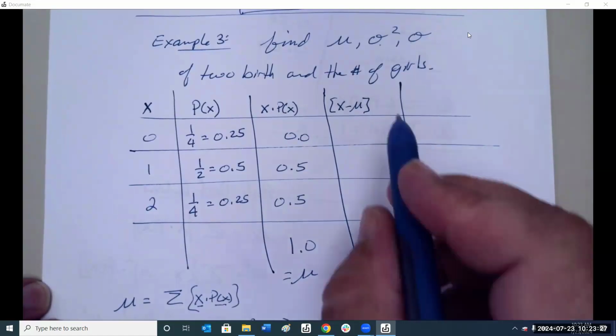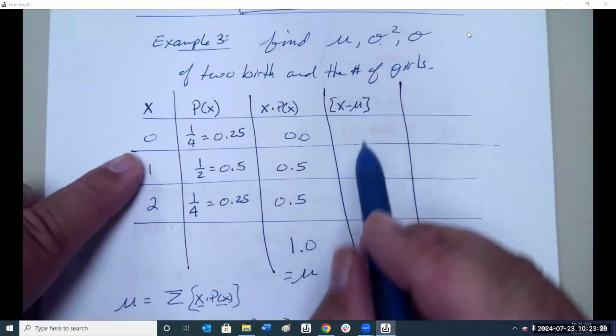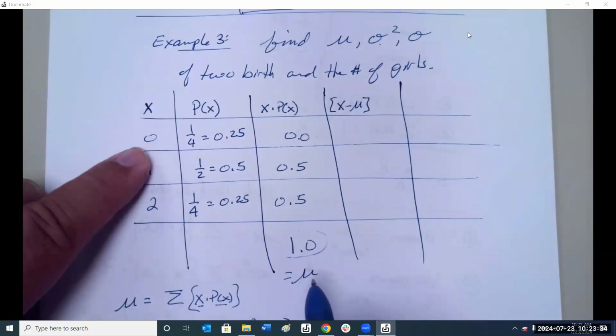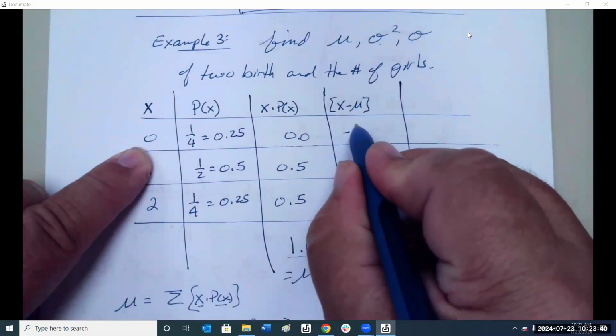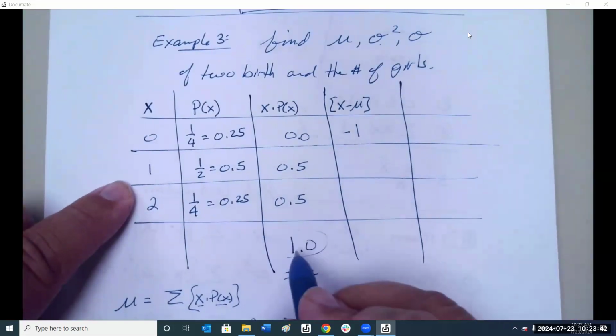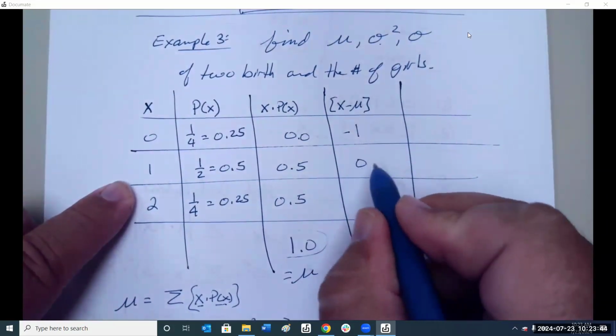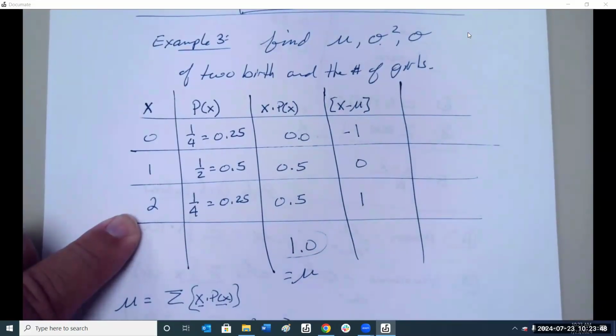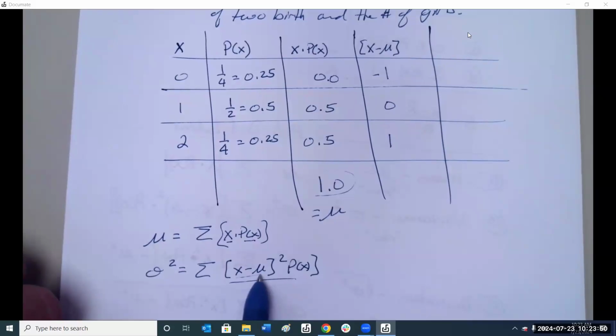We're going to build it slowly. So the mu is 1.0. So 0 minus 1 is negative 1. 1 minus 1, 0. 2 minus 1, 1. Okay, so that's the inside there.